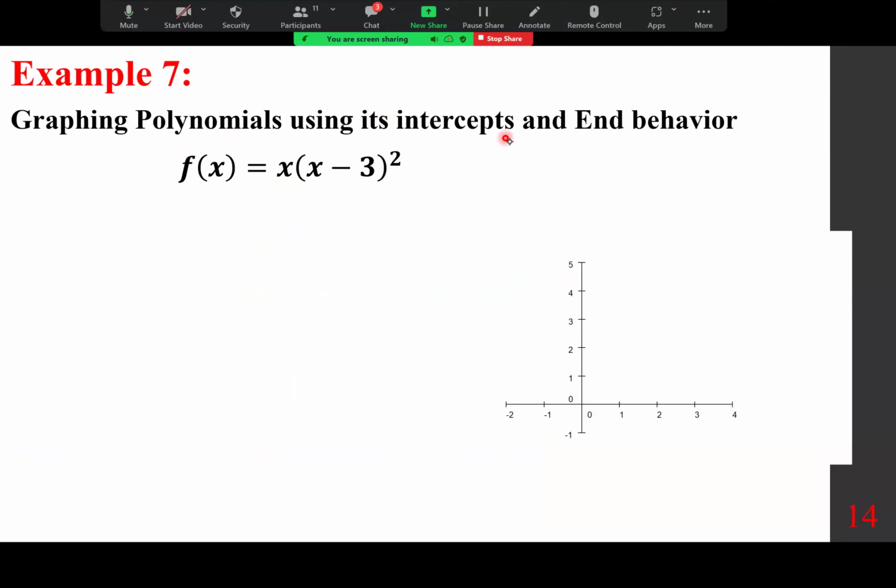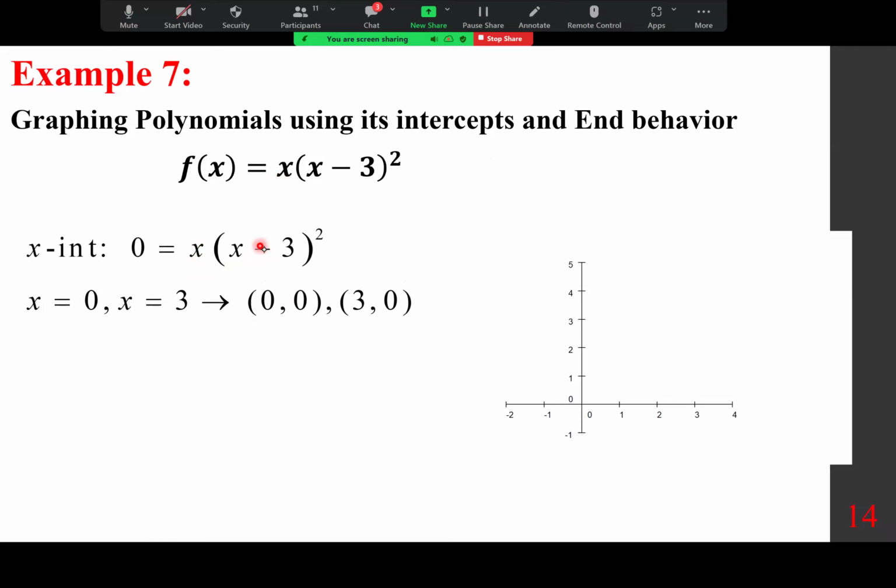All right, graphing polynomial using its intercepts and end behavior. Well, x-intercept, if you set this equal to 0, x equals 0 and x equals 3. So we have 0, 0 and 3, 0, where this one has a multiplicity 1, and this one, 3, 0, has a multiplicity 2.